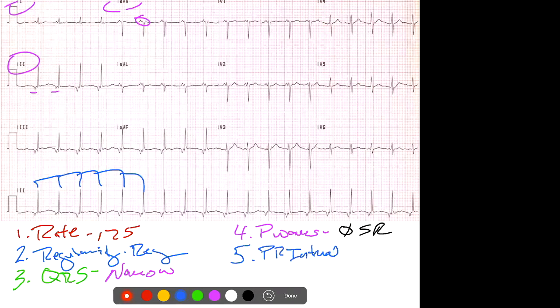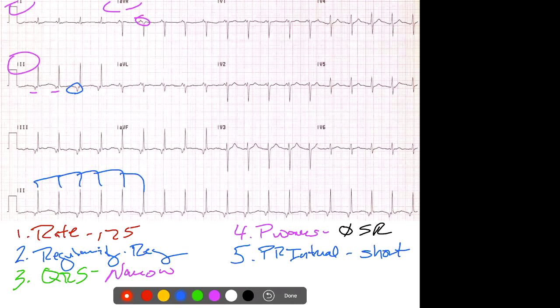A normal PR interval should be 0.12 to 0.20. If you look at this PR interval, it is very, very short. That P wave is immediately before the QRS complex, right? So we have a short PR interval.